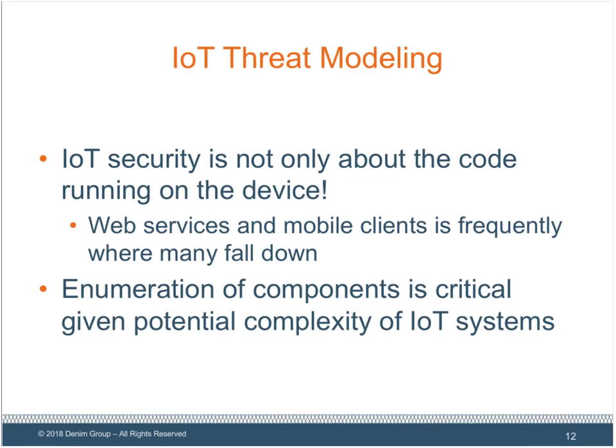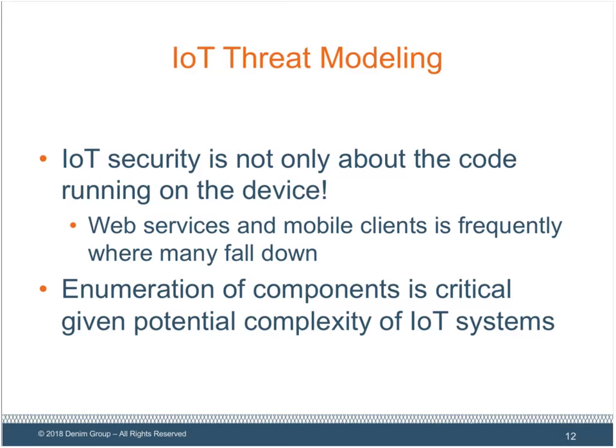So enumerating the components and understanding the complexities, and at least getting it to a whiteboard high-level diagram, is important. And sure enough, where web services connect or where mobile clients are involved, that's where the design of these devices, or sometimes the implementation, have problems. So that is the first starting step.